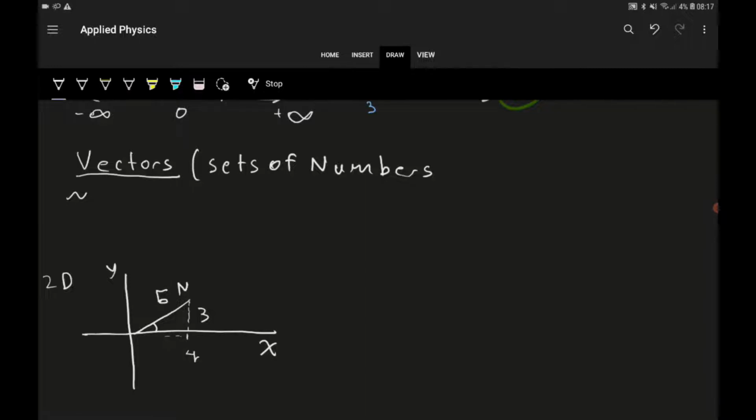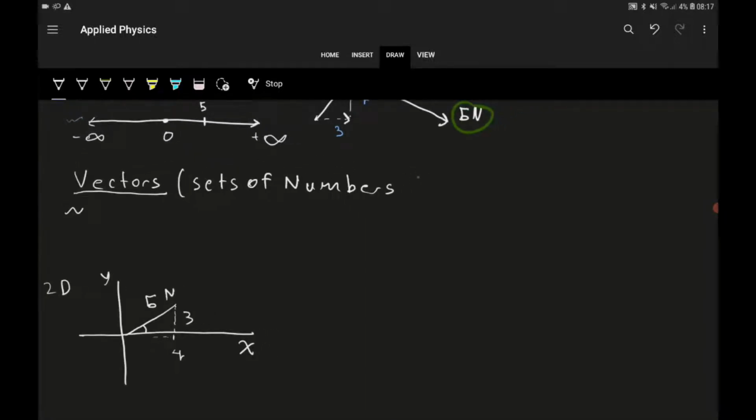And then you would have your angle as well. So vectors are sets of numbers used to represent magnitude and direction.